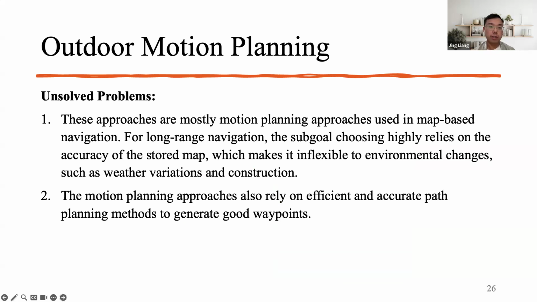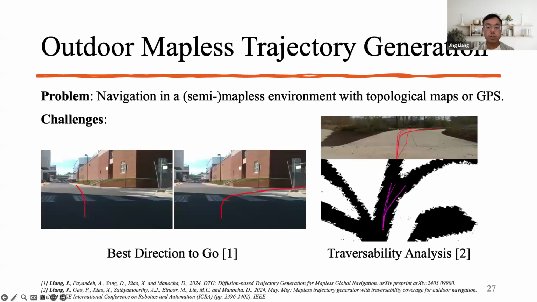So for long-range navigation, the sub-goal choosing highly relies on the accuracy of the stored map, which makes it inflexible to environmental changes, such as weather variations and constructions. The second problem is that the motion planning approaches also rely on efficient and accurate path planning methods to generate good waypoints. So from Route 2023, I moved to outdoor global navigation.